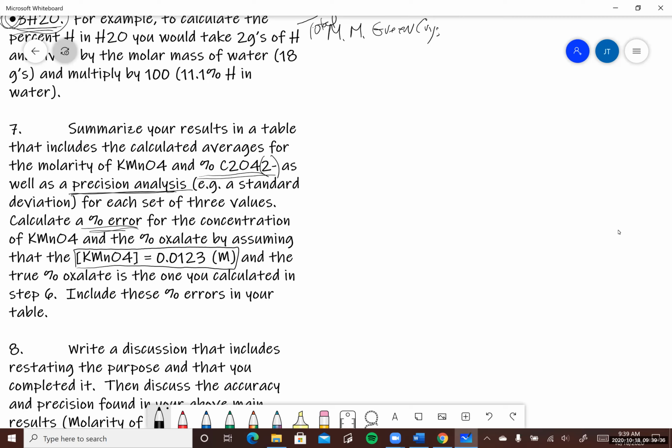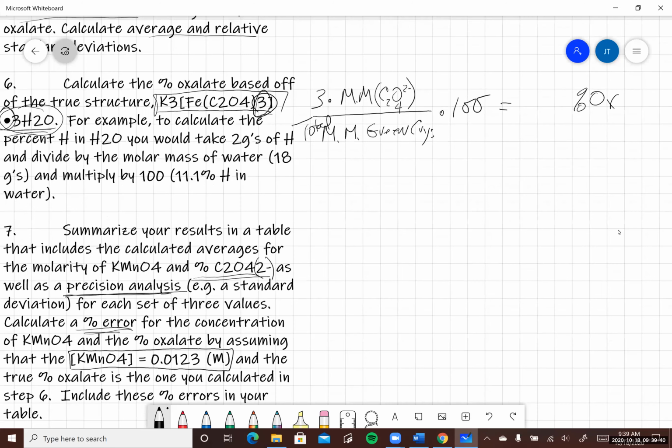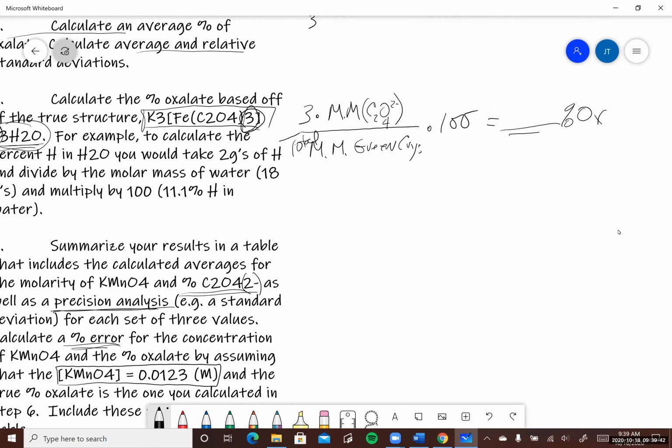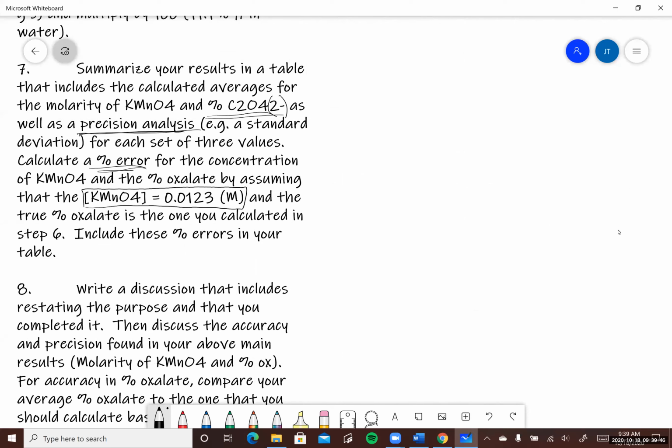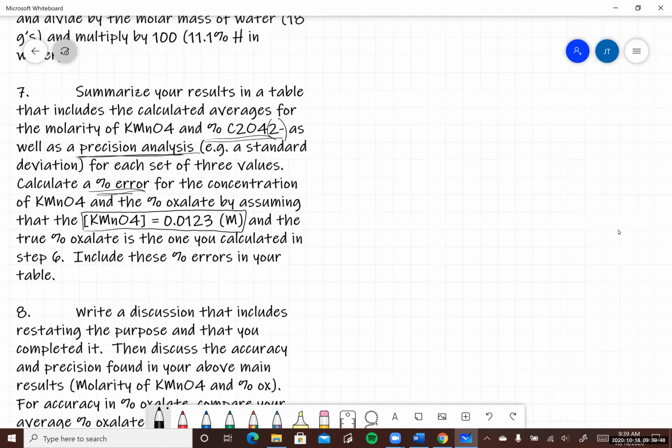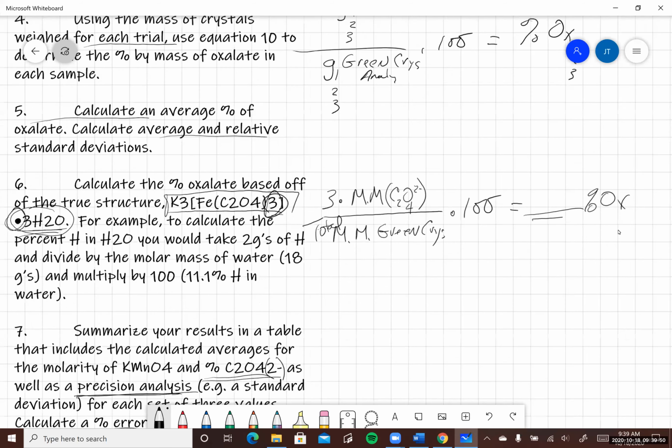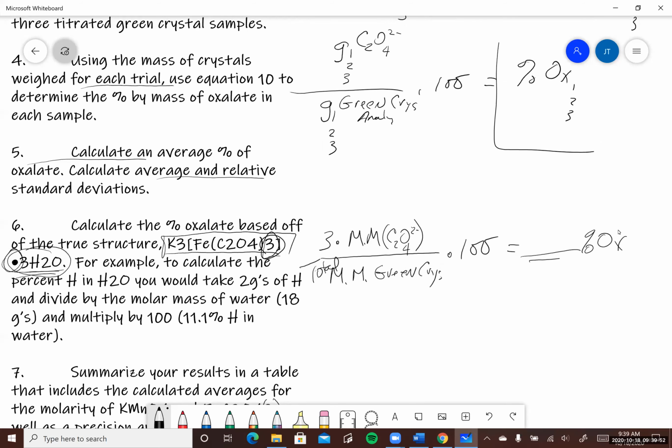For the oxalate, you're going to assume that this up here was the true percent, and so you can do a percent error for what percent you calculated for oxalate up here in this section.